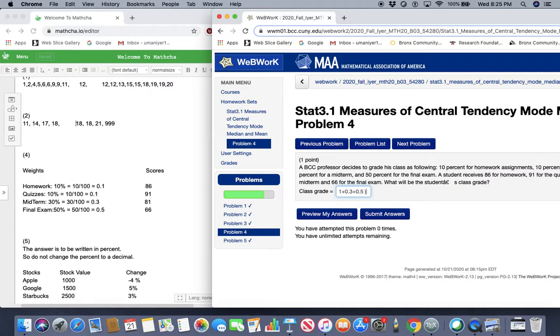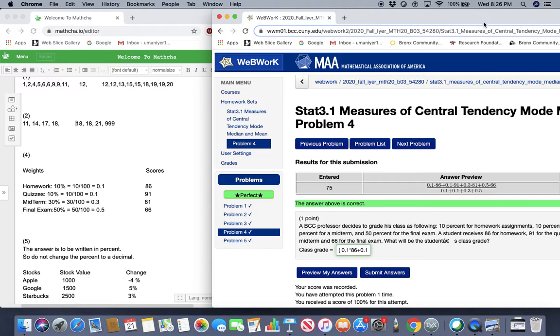That's the denominator. Now let's worry about the numerator. The numerator, weight times score. 0.1 times, with a star, 86, plus 0.1 times 91 plus 0.3 times 81 plus 0.5 times 66.